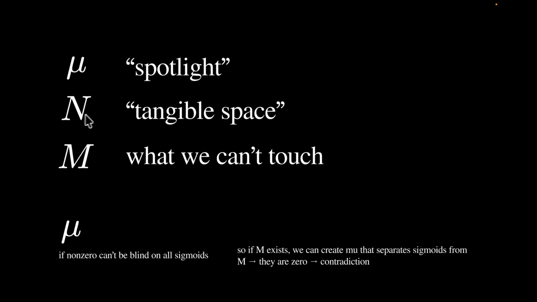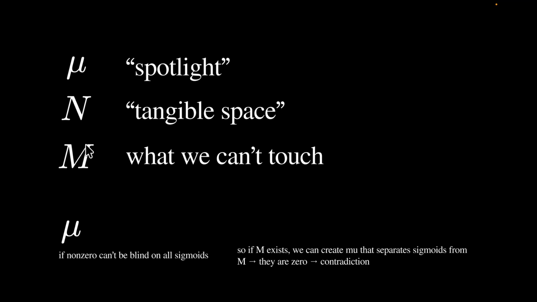It can be zero, it can be everything in the whole world, we don't know, but let's say it's a tangible space of what we can approximate. And uppercase M is what we can't touch, what our sigmoids cannot approximate. Another take is that N plus M is the whole bunch of existing functions in the whole world, so they are all existing functions.